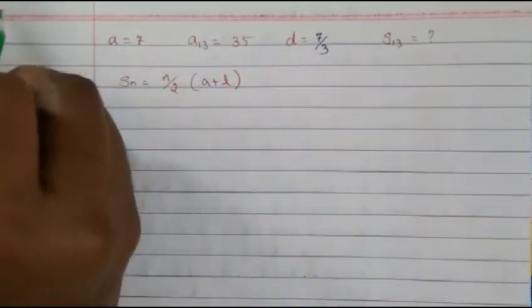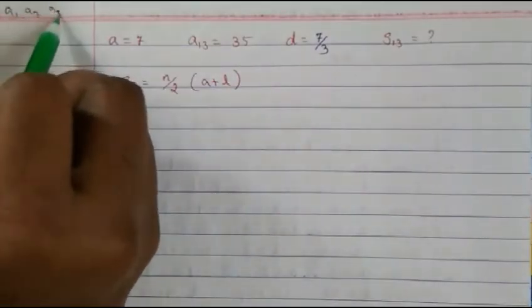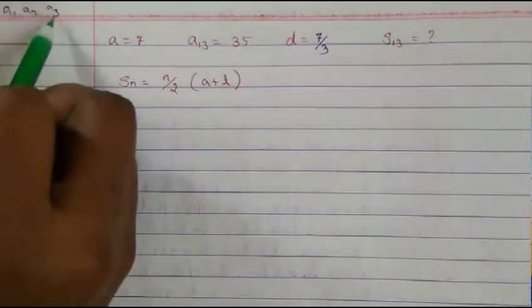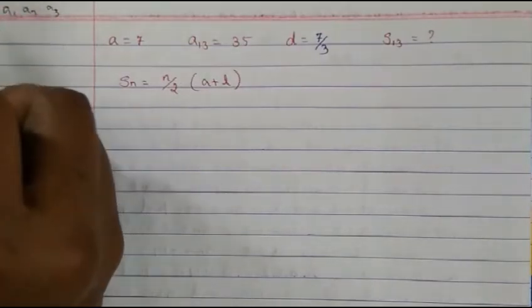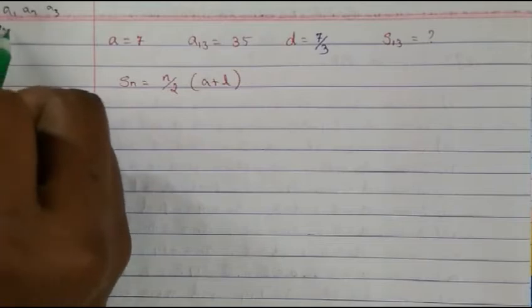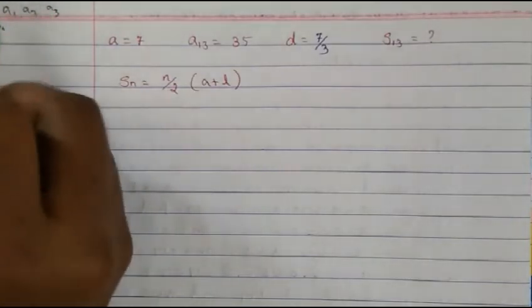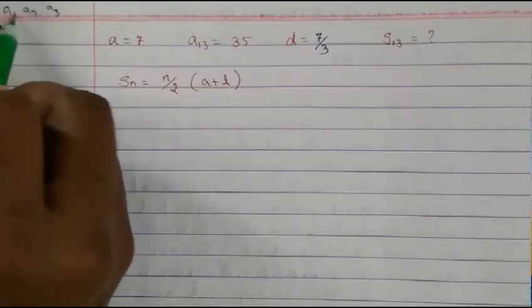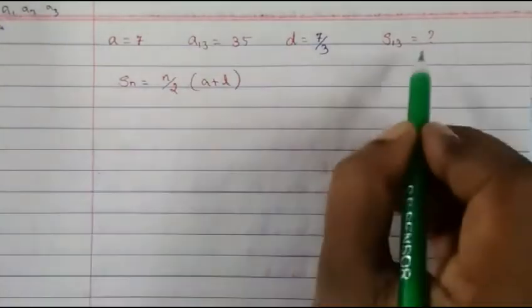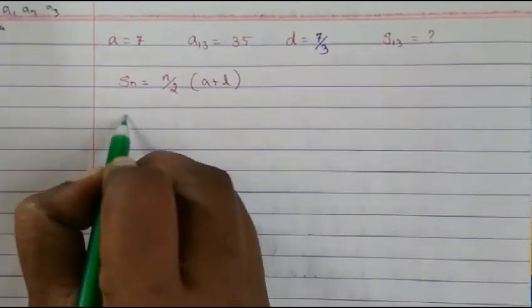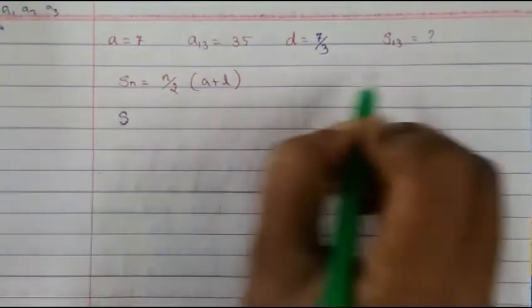You know that there are A1, A2, A3, the value of the first term, second term, third term. But when we call it Sn, that means A1 plus A2 plus A3, the sum of the values. So now we have to find the sum of 13 terms.